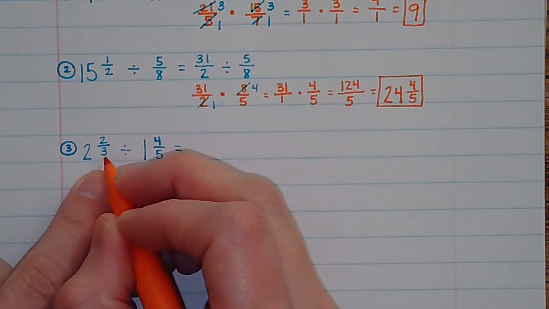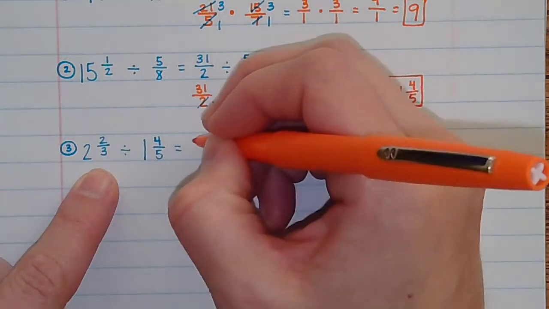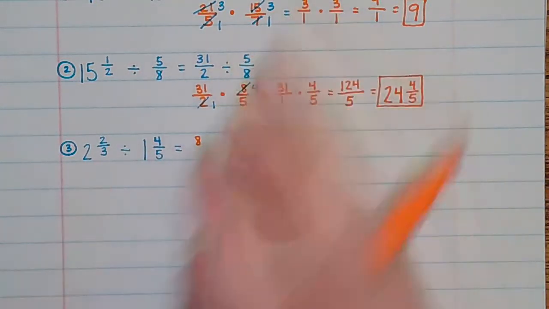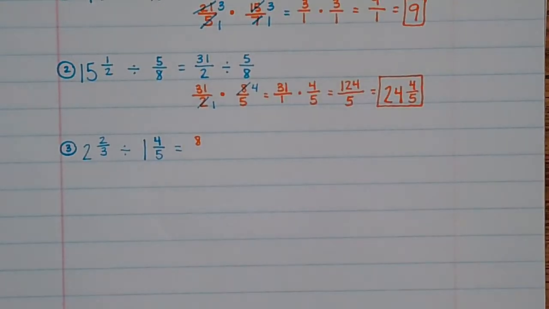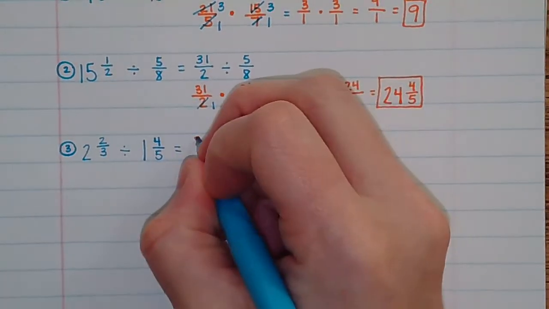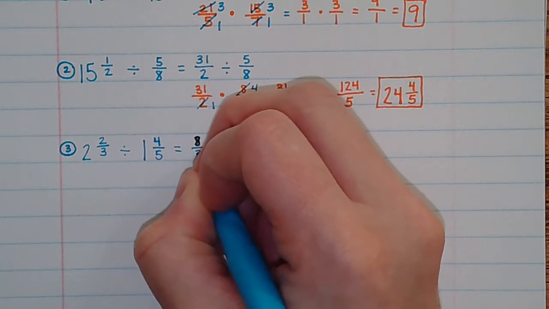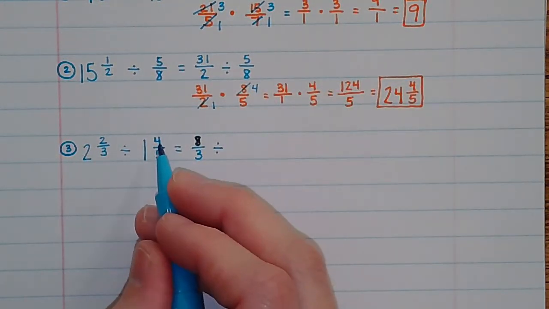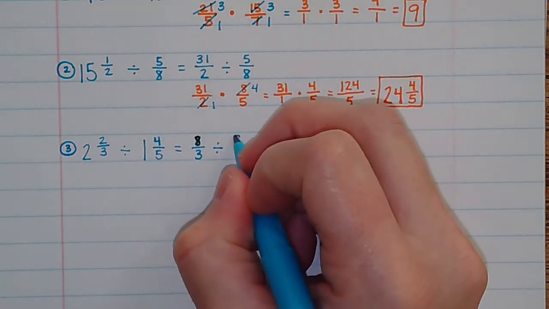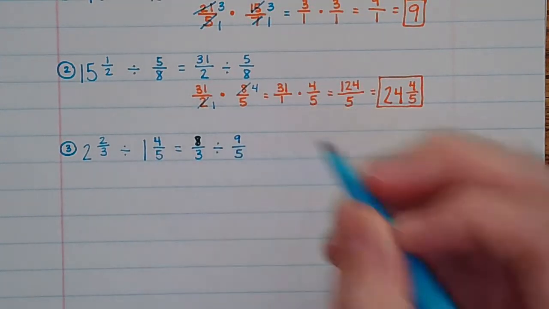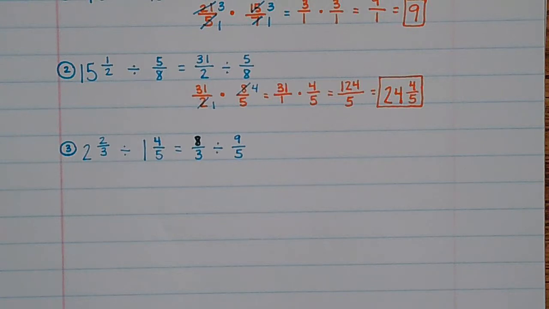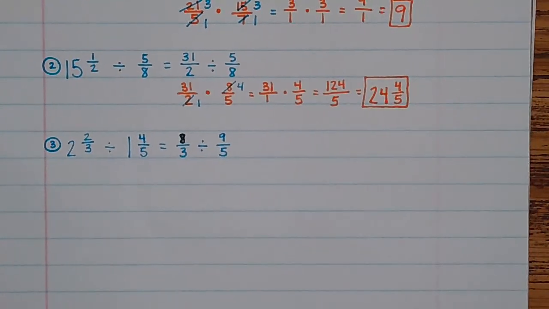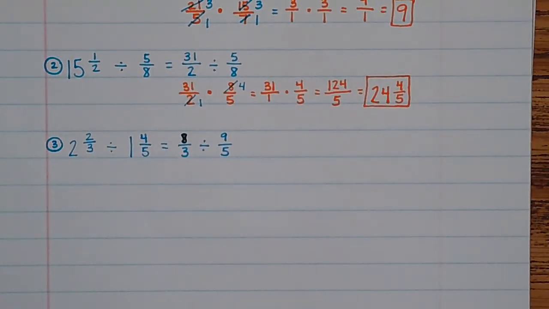So 2 times 3 is 6, plus 2 on top is 8. So that's 8/3. Oh, I'm not supposed to write in orange yet. Sorry, I'm very OCD about that. So 8/3 divided by 1 times 5 is 5, plus 4 is 9. So that's 9/5. So once again, I have not done any keep, change, flip yet. All I've done is fix my mixed numbers, okay?